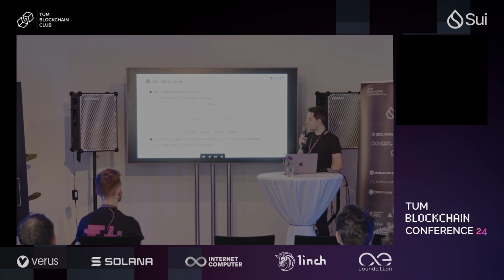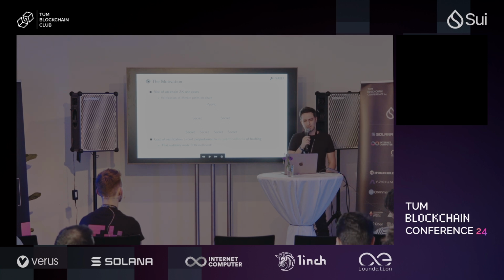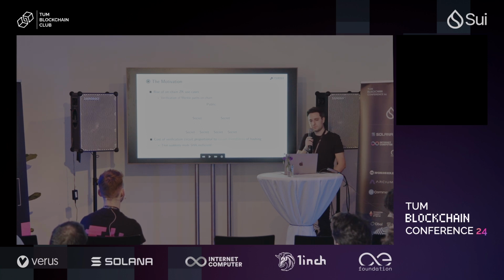But we don't want to do this, we want to do this in ZK. And it turns out if we want to do this in ZK, then the cost of the verification, or the proving in general, is related to the circuit friendliness of the hash function we use in this Merkle tree. And suddenly, this is a situation where SHA becomes very inefficient. It's a bit different now, because we know techniques to make it more efficient, but a couple of years ago it was really inefficient.